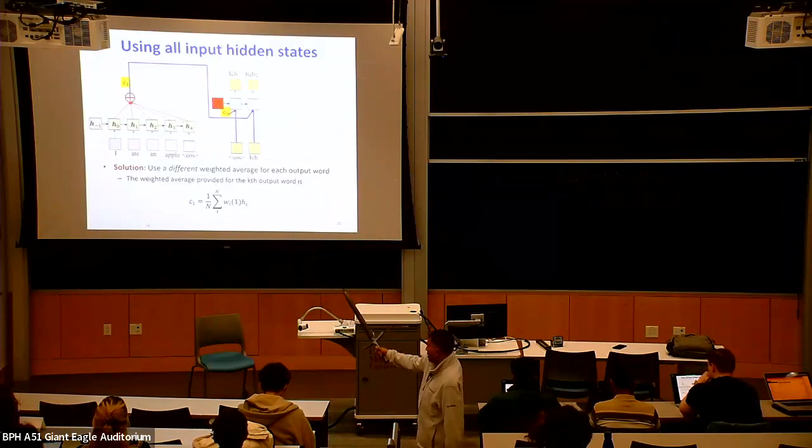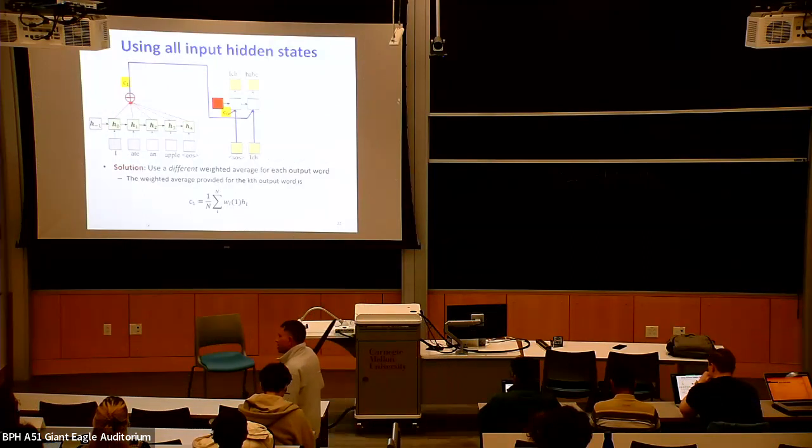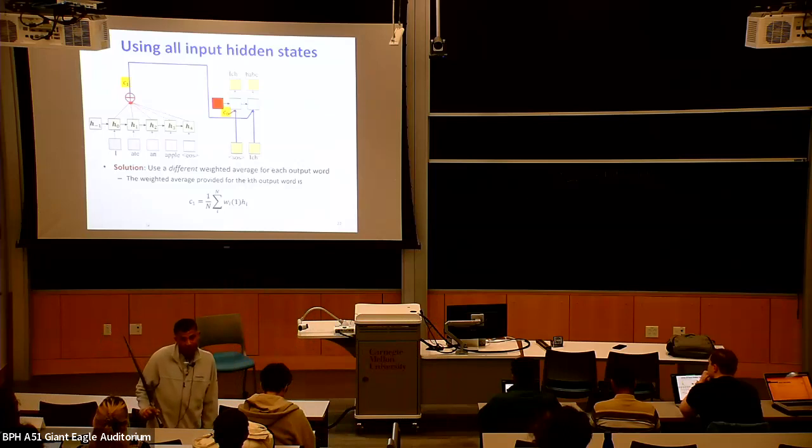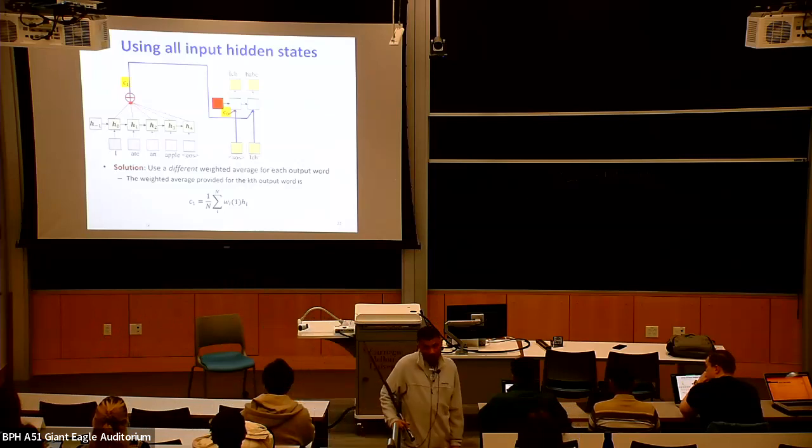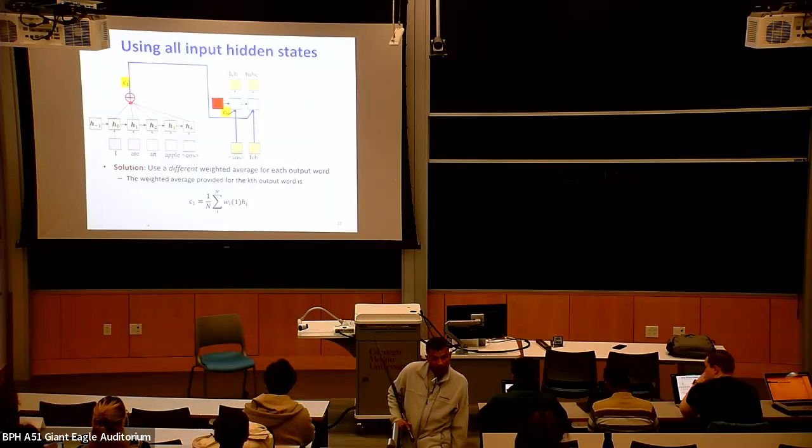weighted average with the weights corresponding to the second word to generate the vector C, which is called a context vector, just for terminology. We're always dealing with this as a language generation problem. The decoder is always a language generator. It's a language model. What is happening here is that in the generation of each word, we are using a context.